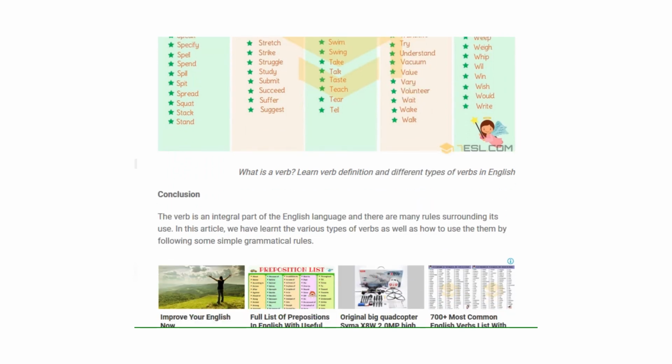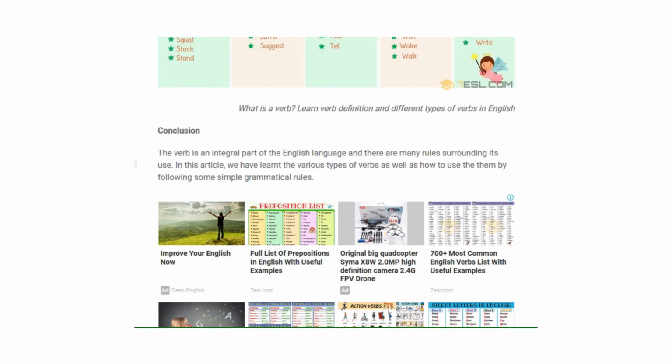So we have the conclusion. The verb is an integral part of the English language, and there are many rules surrounding its use. In this article, we have learned the various types of verbs as well as how to use them by following some simple grammatical rules.